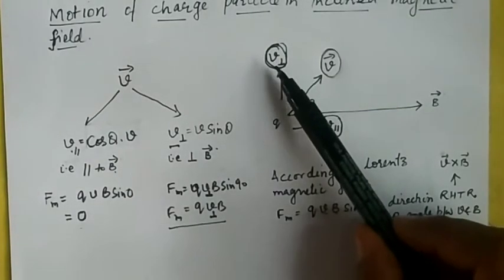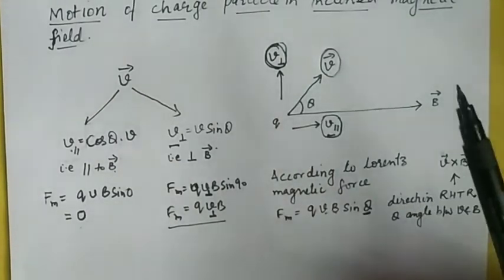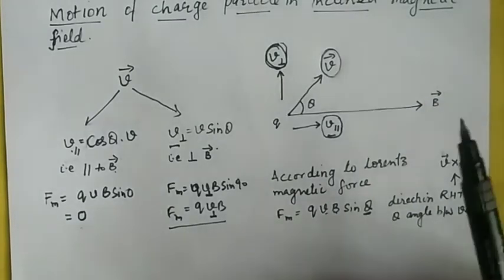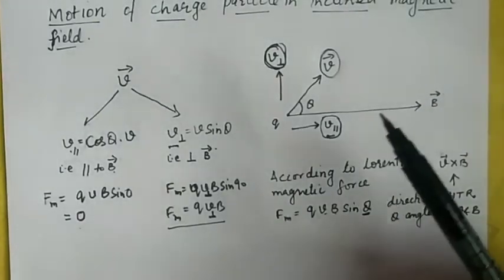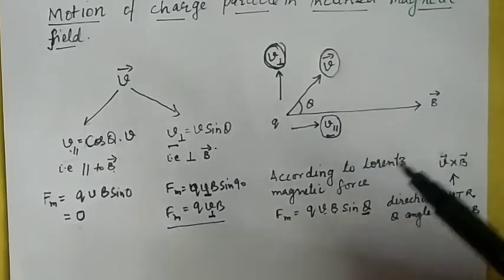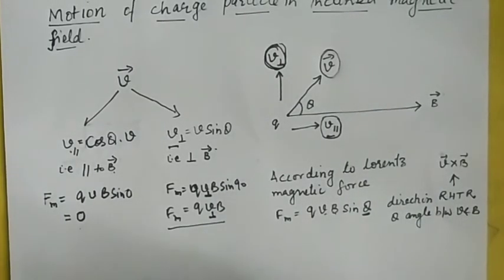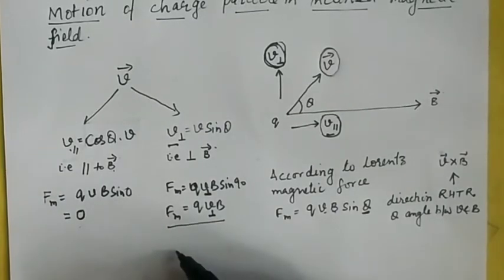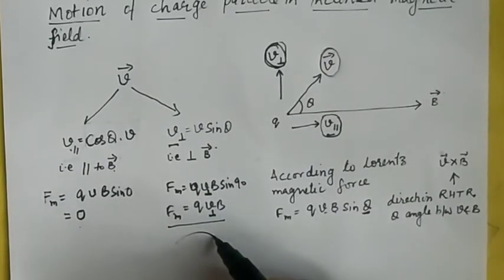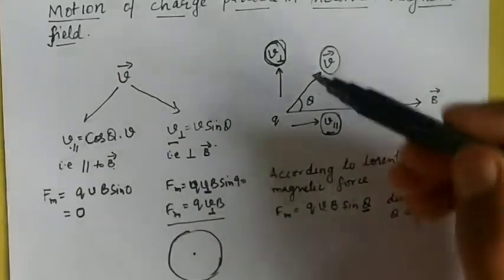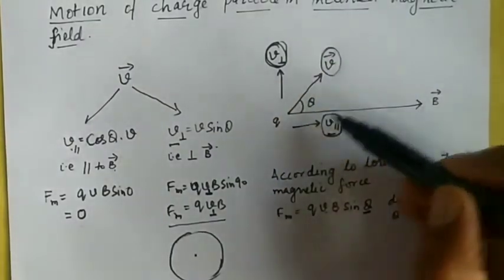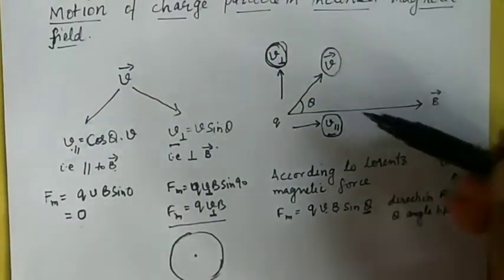But for v perpendicular, we know that when the velocity is perpendicular to the magnetic field, then the charged particle will experience a circular path. So because of this component of the force, the charged particle moves in a circle, and because of the parallel velocity, it will move in a straight line.